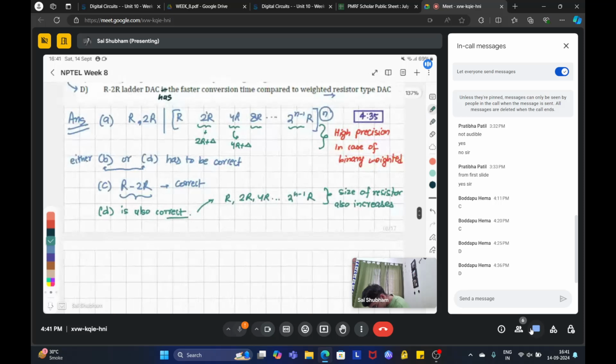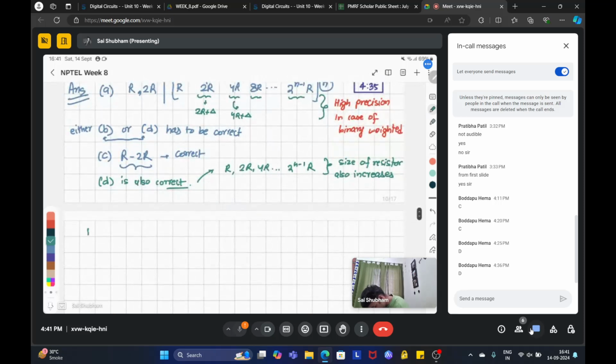Let's look at it this way. Initially we have R to 2R. In another case, we have R, 2R, 4R, up to 2 power n minus 1 R. So these are bigger resistors, right? In case of bigger resistors, there is a possibility that we will have some parasitics.